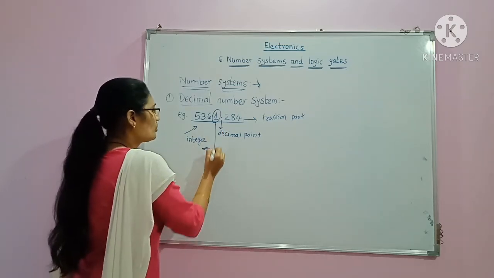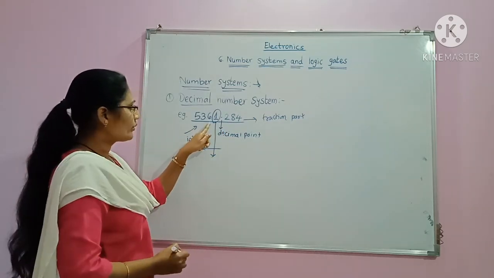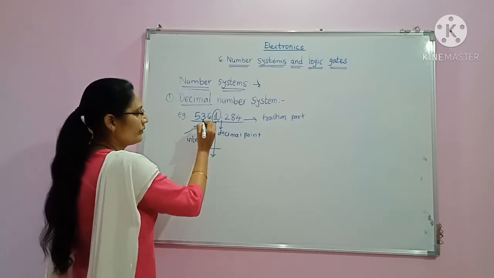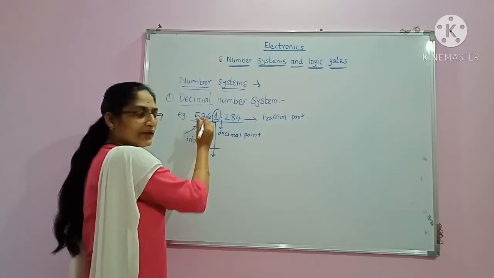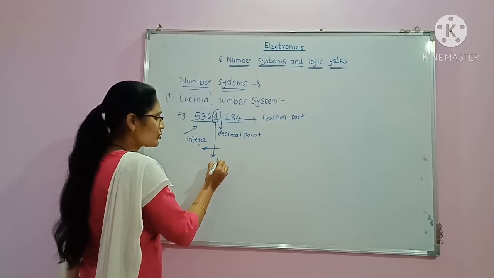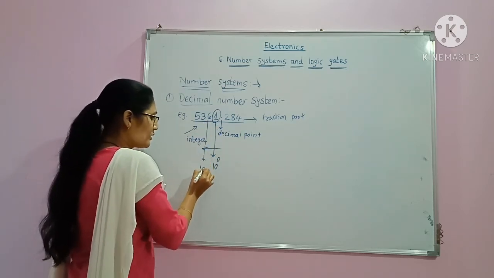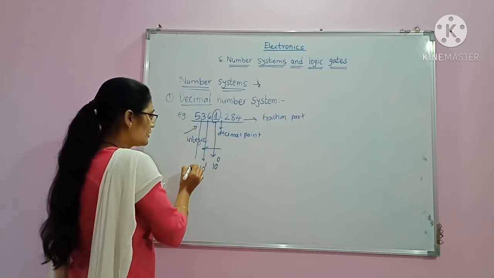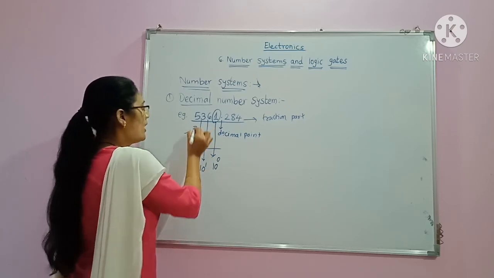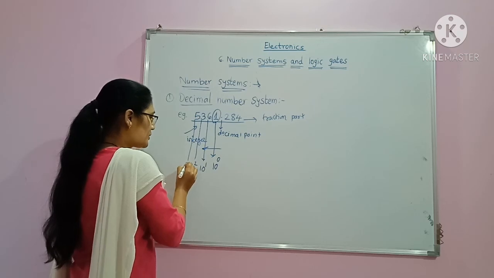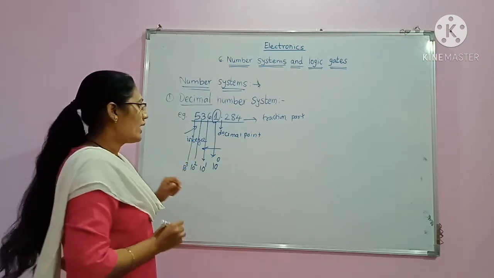So, in order to find its value, I have to multiply this digit which is located in the unit place by 10 raised to 0. Then this digit by 10 raised to 1. This digit by 10 raised to 2. And this digit by 10 raised to 3.